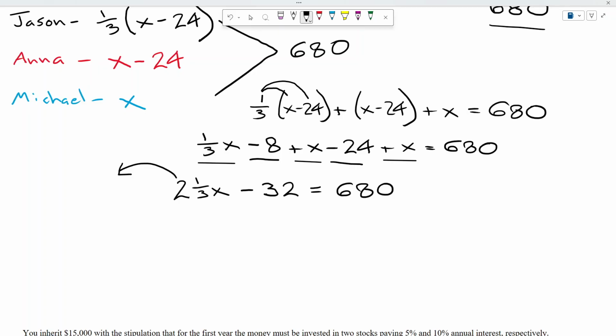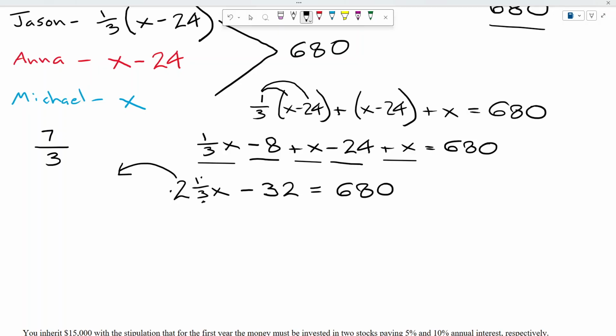All we do is we take the denominator times the whole number and then add the numerator, and then it's over the denominator. So 3 times 2 plus 1. So we get 7, and then over our denominator, which is 3. So 2 and 1/3 is the same thing as saying 7/3.